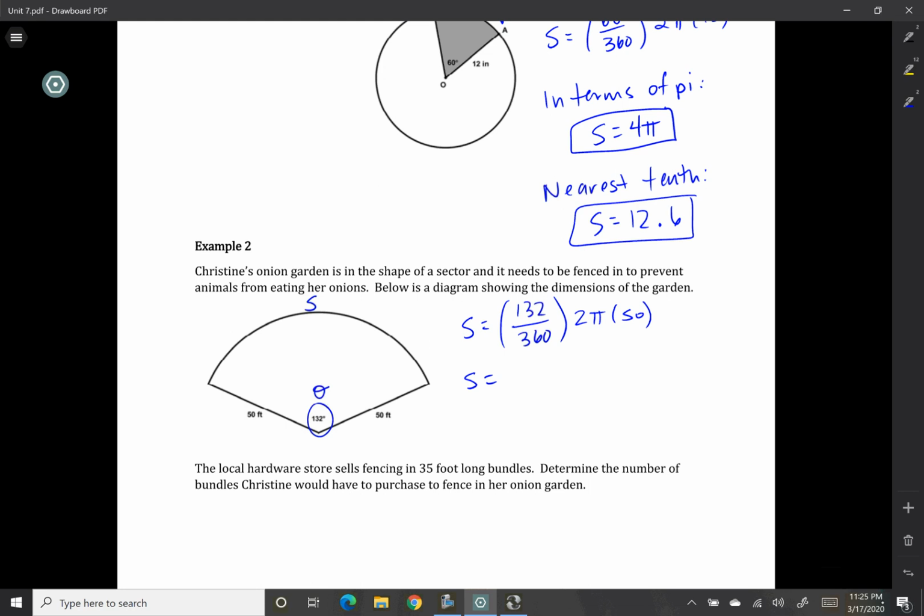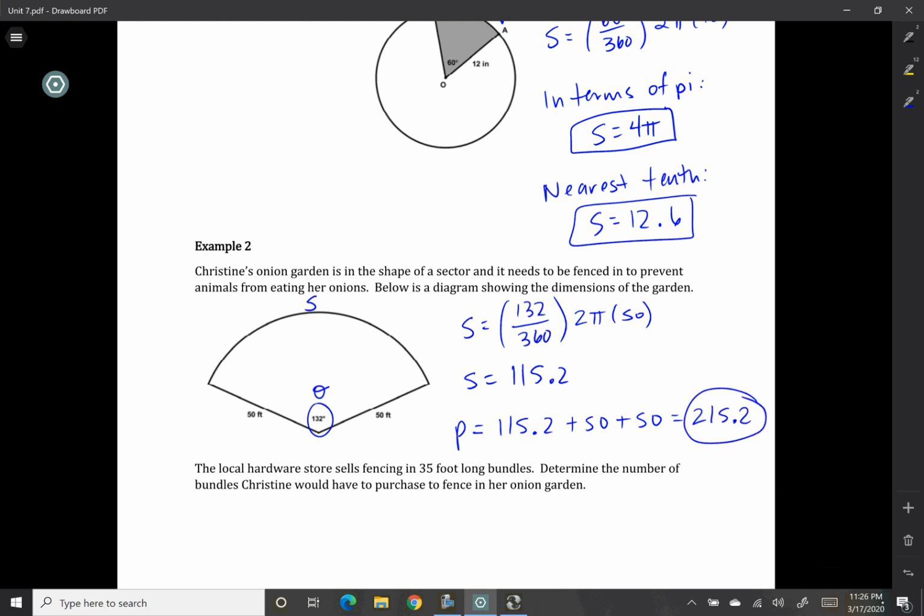If I type this whole thing in my calculator, divide by 360 times 2 times pi, notice this time I'm putting in pi because I want the decimal, it is 115.2. Now that's just the length of S. So the total perimeter of Christine's garden is 115.2 plus 50 plus 50. So her total perimeter is going to be 215.2 feet.